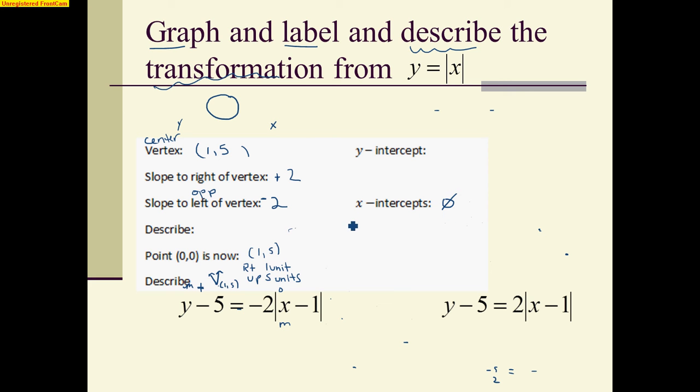The math will show me this? Yes. Remember how we did the math here, where we put 0 in for y, and we got negative 5 is equal to negative 2 absolute value x minus 1.